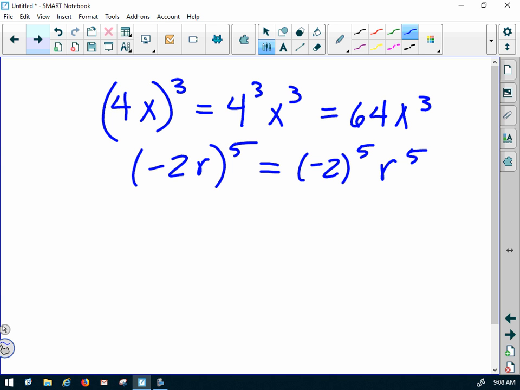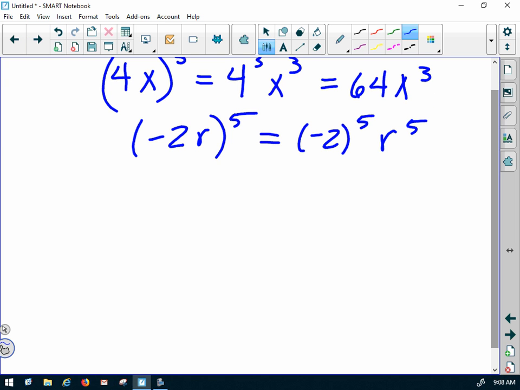What's a negative number raised to the 5th power? 32, is it positive or negative? No. Negative multiplied 5 times. Negative. Sorry. What's a negative times a negative?